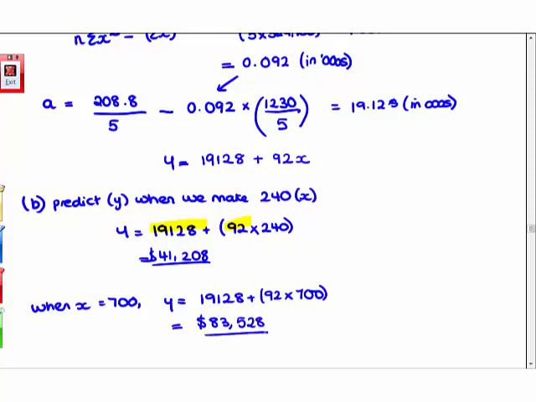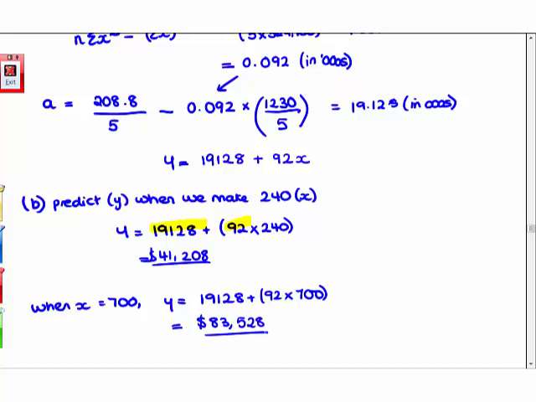Now, how could this be tested? Because obviously there's quite a lot that we've done there. Well, you might have to work out the values of B and A, having been given the table completed. You might have to fill in parts of the table, or you might have to use an equation that you're given to work out the total costs.